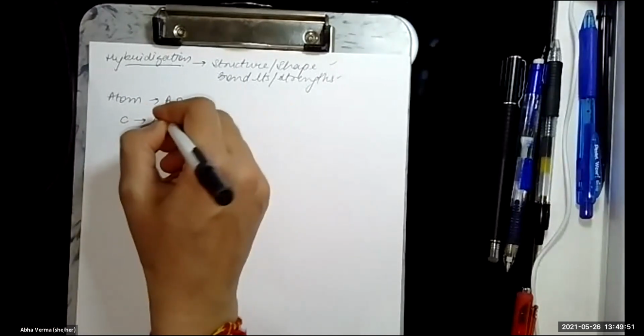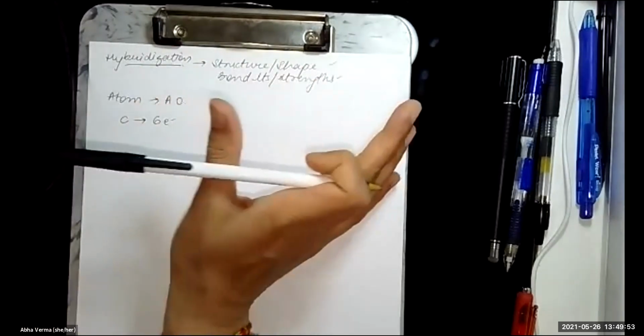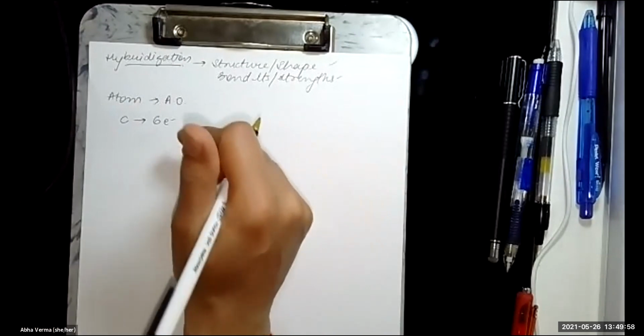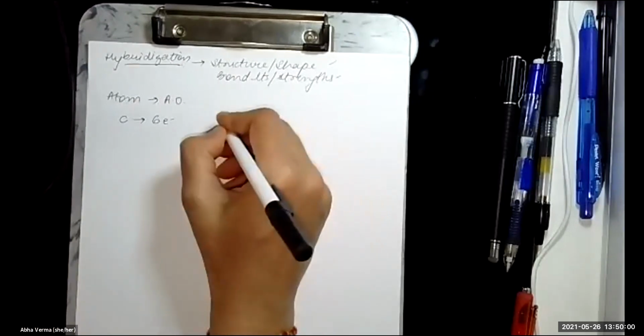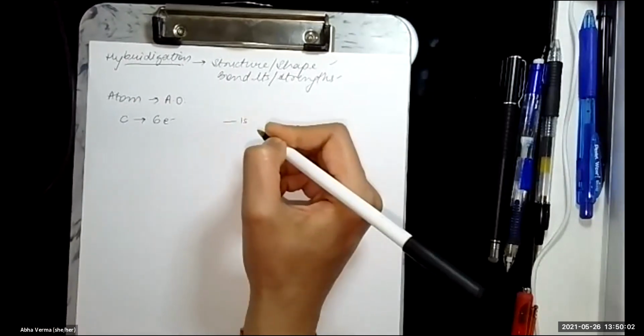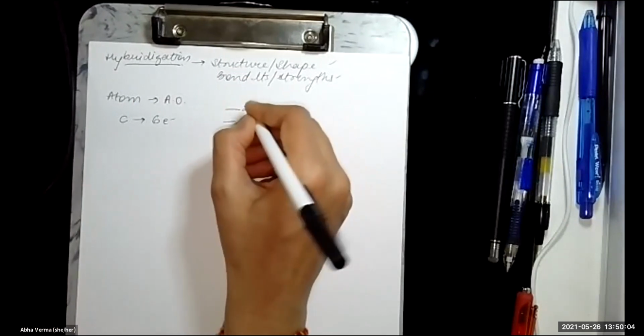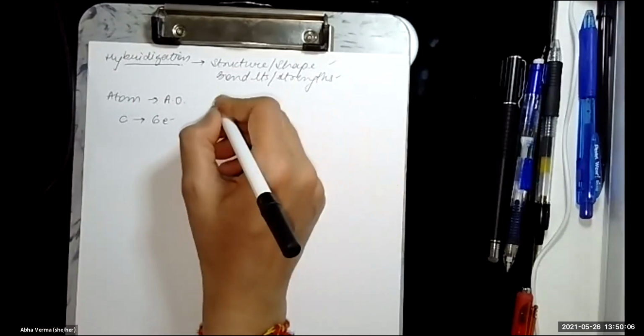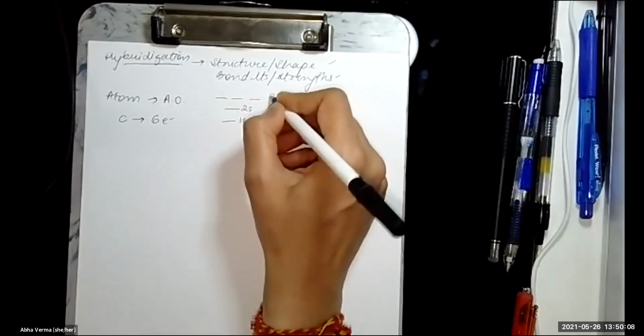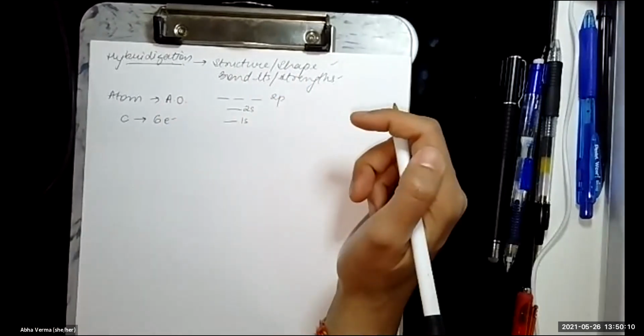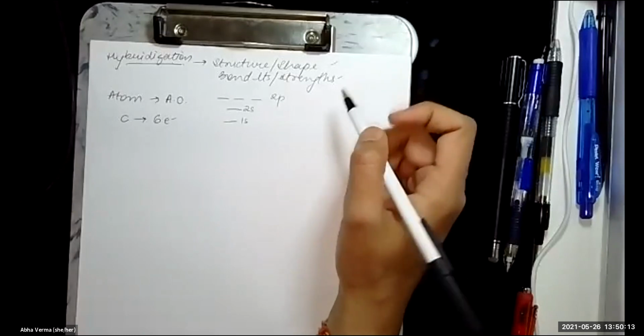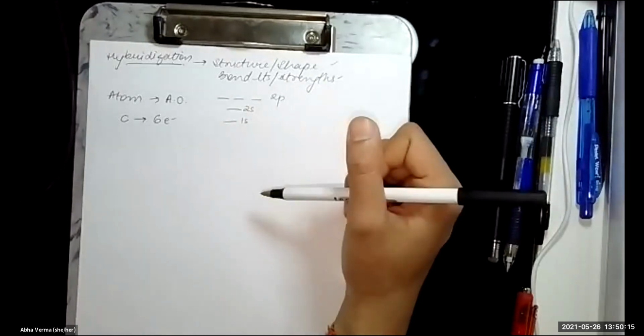Carbon has 6 electrons in all. If you think about the atomic orbitals that carbon has, it has the 1s orbital, then the 2s atomic orbital, and the 2p orbitals are on the same level. So these are the atomic orbitals.